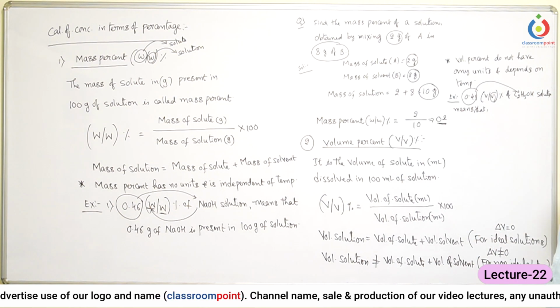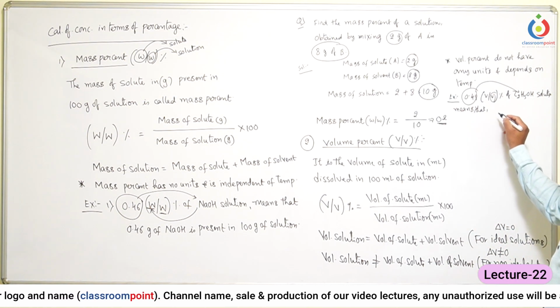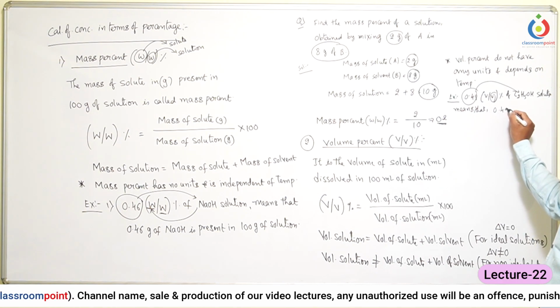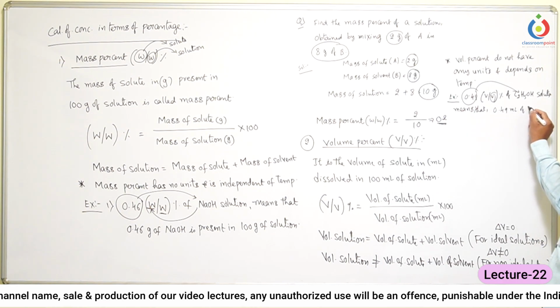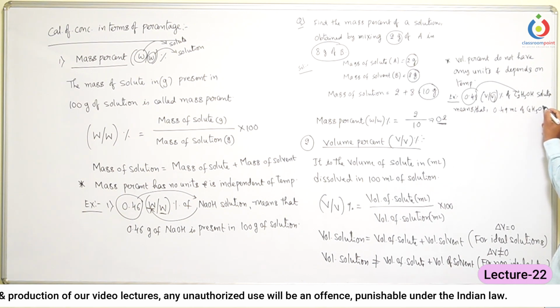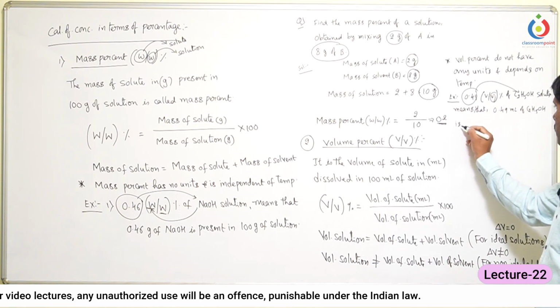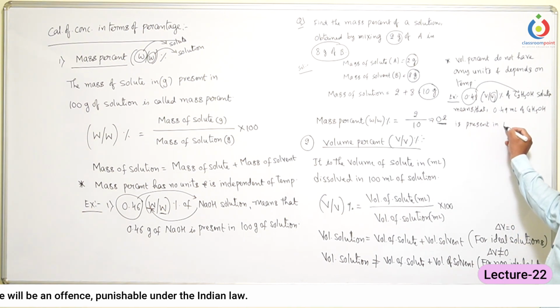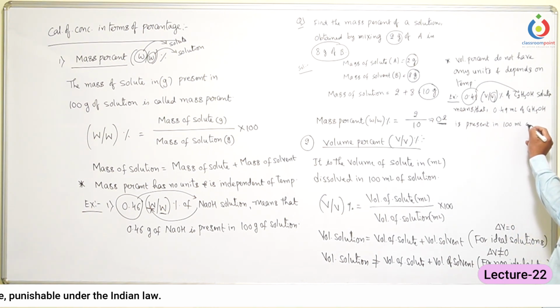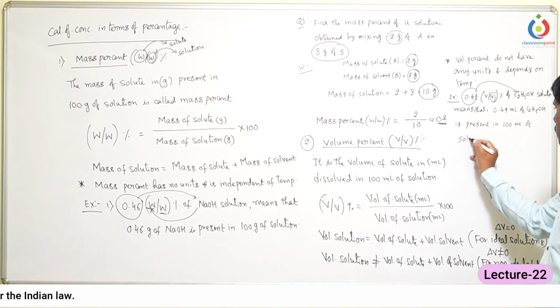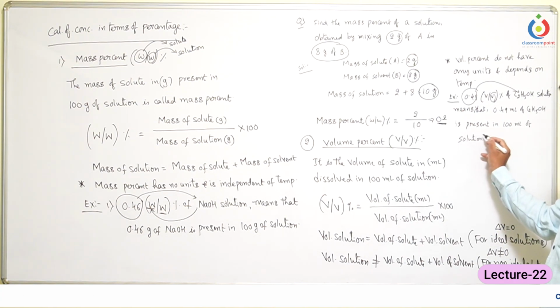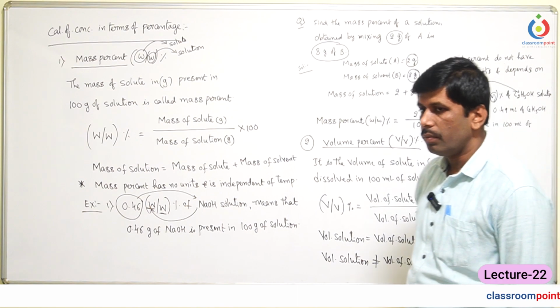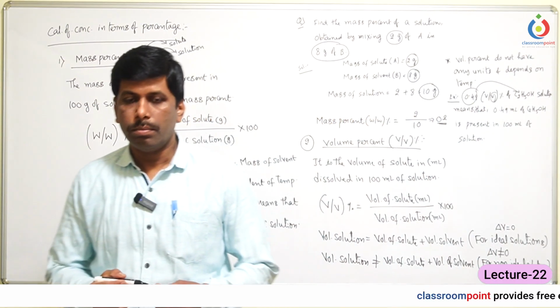Second value is about the volume of the solution. So it means that 0.49 ml of ethyl alcohol is present in 100 ml of solution. So like this, we can understand the volume percent.